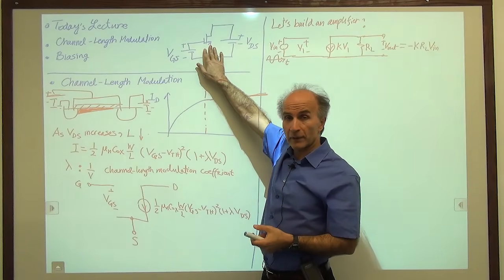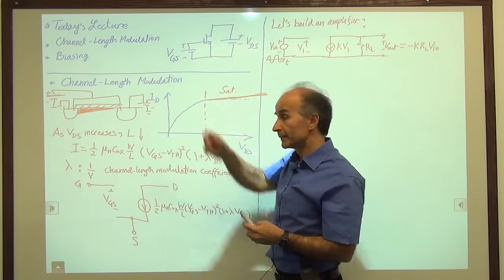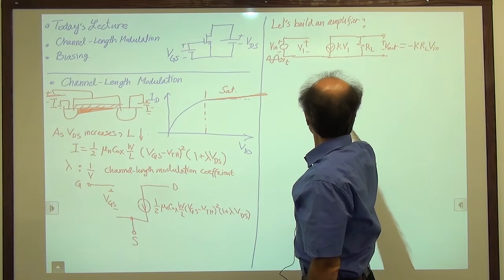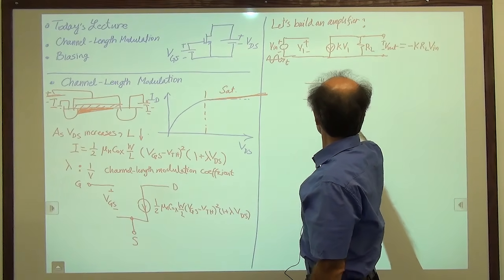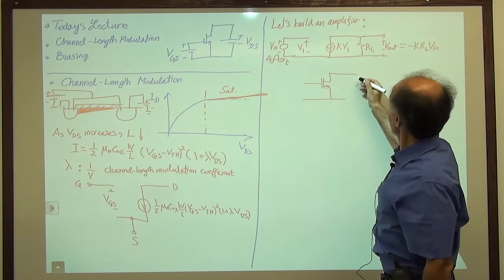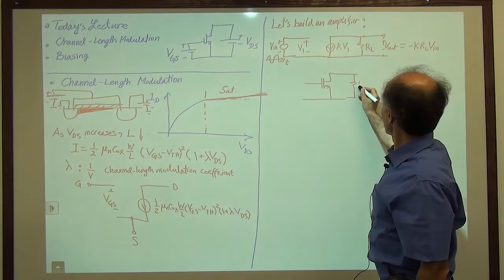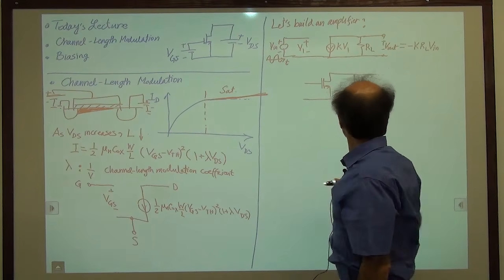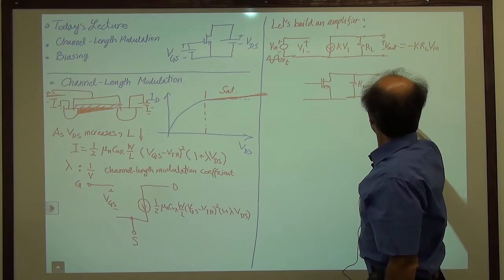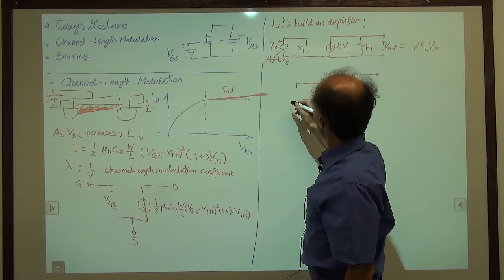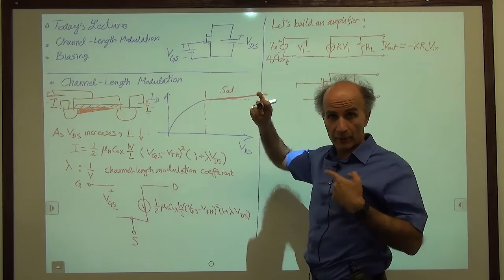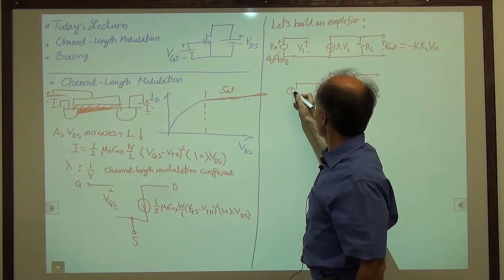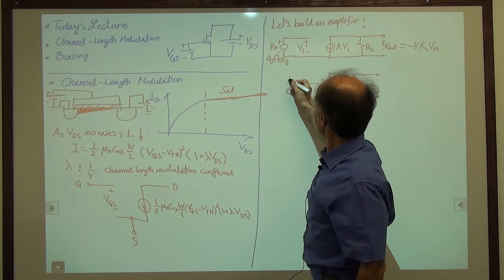Now we have a voltage-dependent current source. So let's go and build an amplifier out of this device. All right, here it is. We have our voltage-dependent current source like this. I'll just copy everything down here. So I have RL. And then I have an input, for example, from a microphone, right? So I will draw a microphone symbol here, mic.